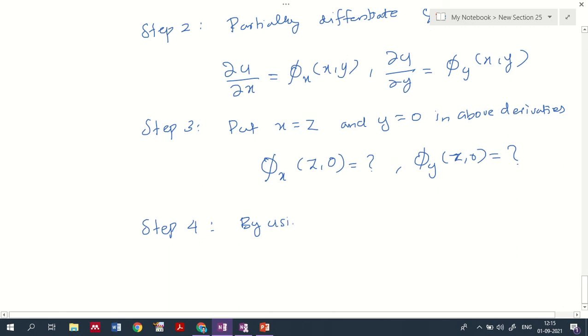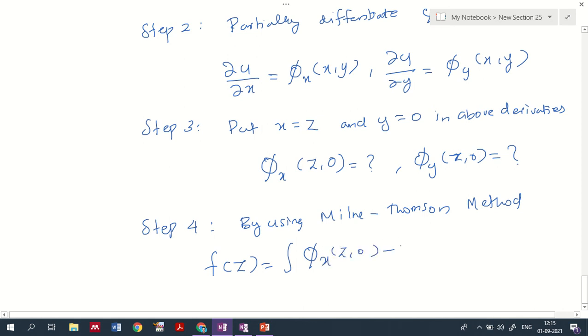By using the Milne-Thomson method, we have an equation, which we represent as f(z), because f(z) is the analytic function we need to find. f(z) is equal to the integral of [phi_x(z, 0) minus i phi_y(z, 0)], with the bracket all together, dz plus c.